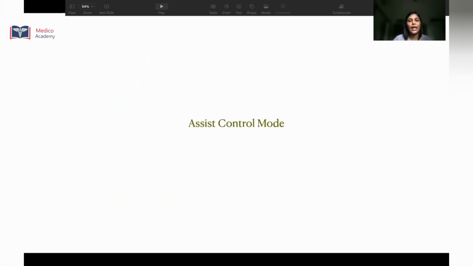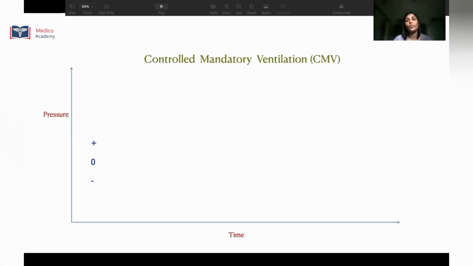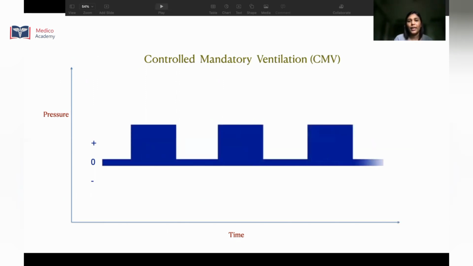So the first mode, assist control mode. To understand what's an assist control mode, we need to know what is a controlled mandatory ventilation. Controlled mandatory ventilation is nothing but the delivery of controlled breaths. I've already shown you the graph of controlled breaths. So when these controlled breaths are delivered at set or fixed regular intervals, then it is called controlled mandatory ventilation.